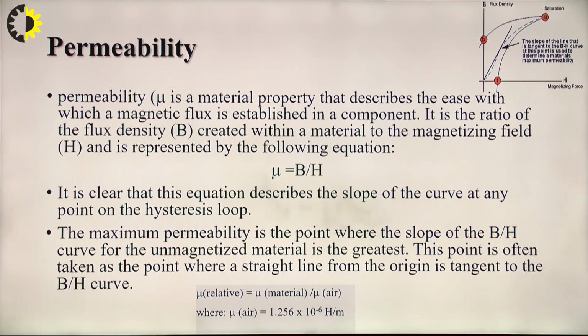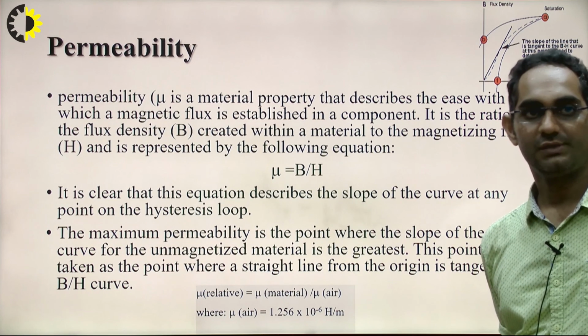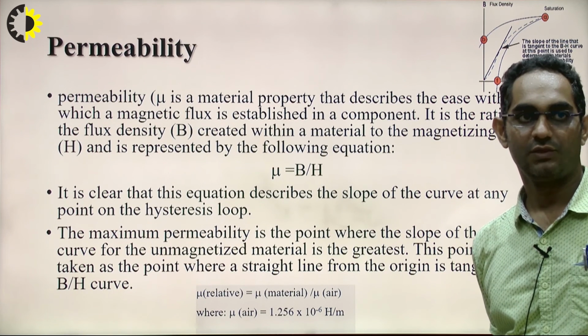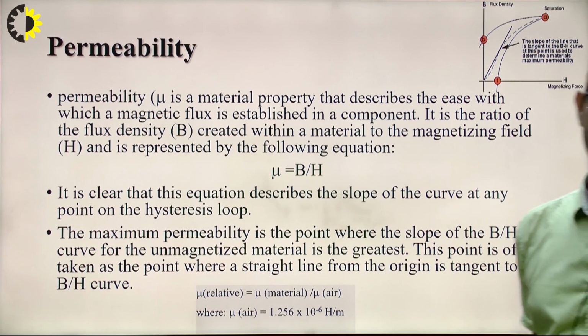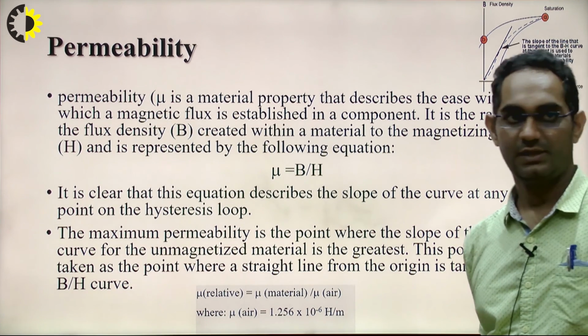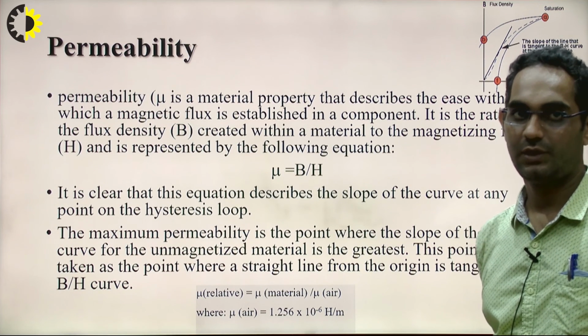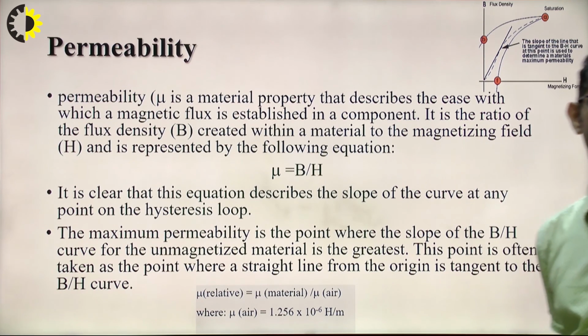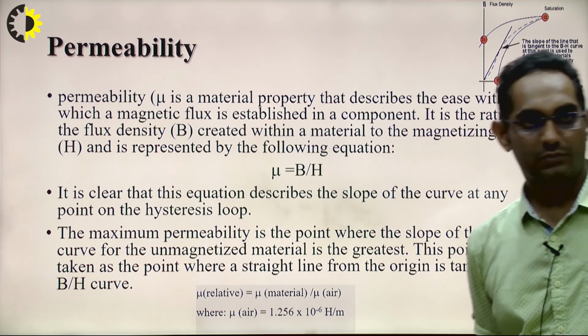Now, permeability mu is a material property that describes the ease with which a magnetic flux is established in a component. It is the ratio of the flux density B created within a material to the magnetizing field H, represented by the equation mu is equal to B by H. This equation describes the slope of the curve at any point on the hysteresis loop.